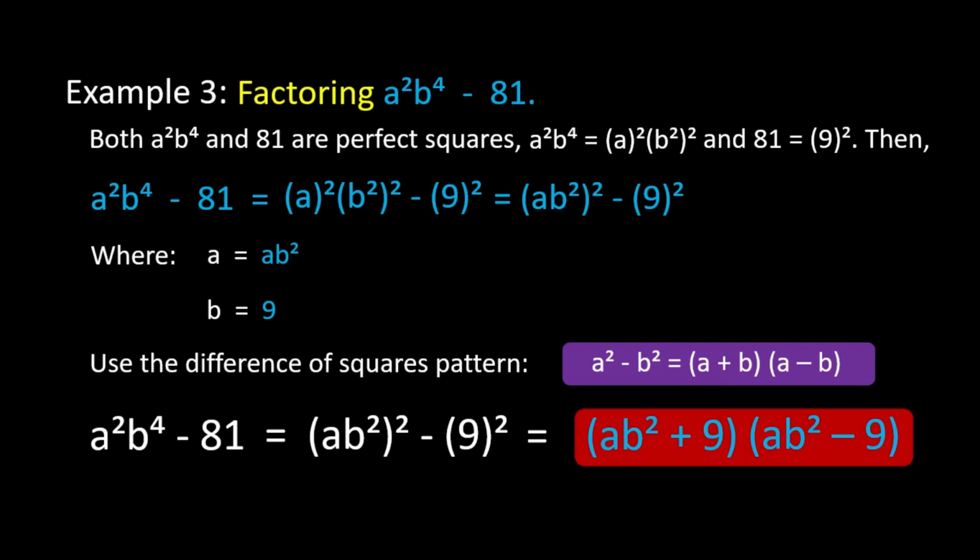Okay? Then, para sa ating panghuling halimbawa, example number 4, factoring 16a to the 6 minus 25b squared. So, tandaan nyo guys, pag itong dalawang term na ito is not a perfect square, then hindi siya difference of 2 squares.